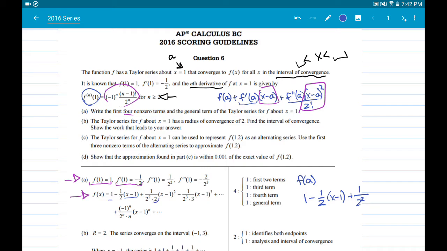And then if you look here, this 2 comes from the 2 factorial from the definition, and this x minus 1 again comes from the definition to the second power, and the same holds for the third term. You have what's supposed to be a 3 factorial, but that 3 times 2 cancels out with that 2 up there. So that's where that comes from.